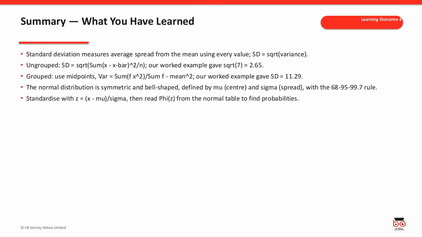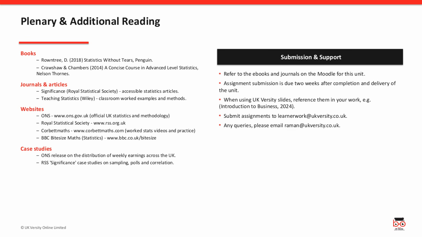For grouped data, we use midpoints, and ours gave 11.29. The normal distribution is symmetric and bell-shaped, set by mu and sigma with the 68, 95, 99.7 rule, and we standardize with z equals x minus mu over sigma, then read phi of z from the table to find probabilities. And that draws this outcome, and the whole unit, to a close.